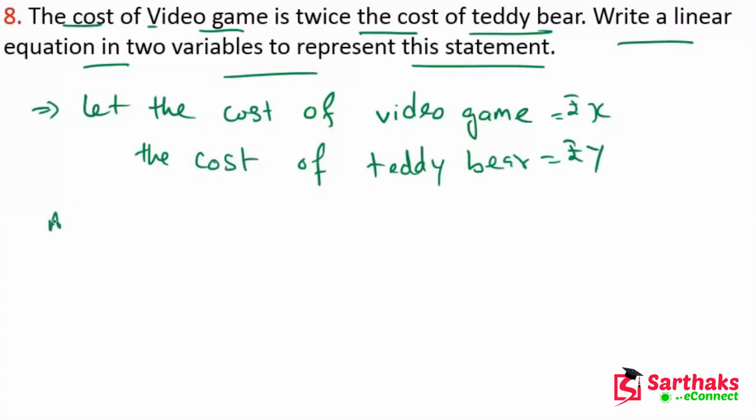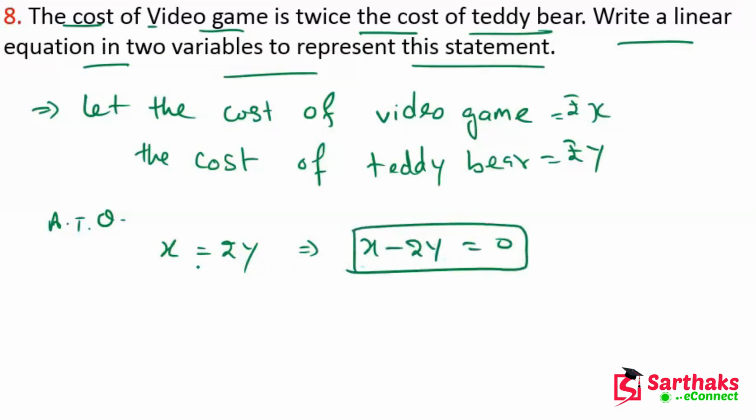According to the question, the cost of the video game is twice the cost of the teddy bear, meaning x is equal to 2y. So we can write x minus 2y is equal to 0. So this is the linear equation in two variables.